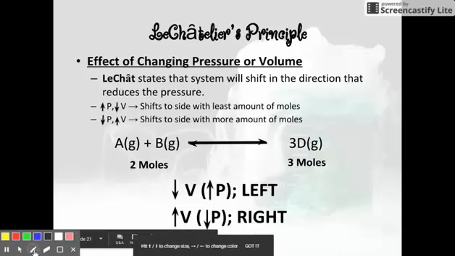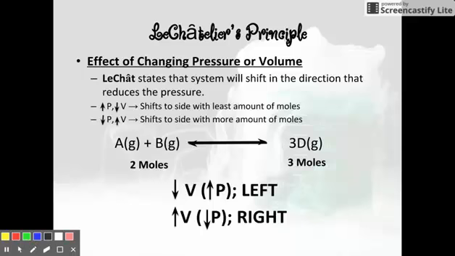So Le Chatelier stated, again in this one, that a system will shift in the direction that reduces the pressure if we're changing our volume. So let's look at this example. We have some gaseous substances here.